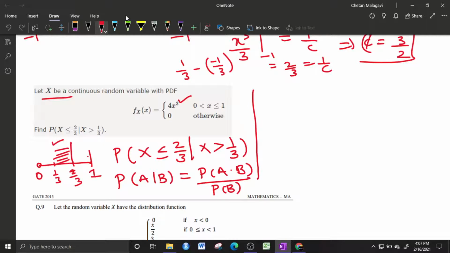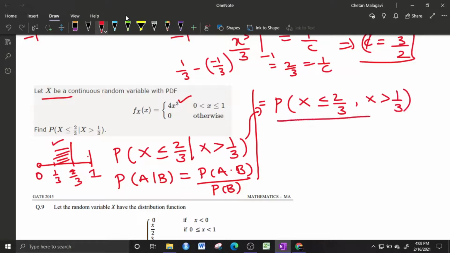This is equal to the probability of x less than or equal to 2 by 3 and x greater than 1 by 3, divided by the probability of x greater than 1 by 3.